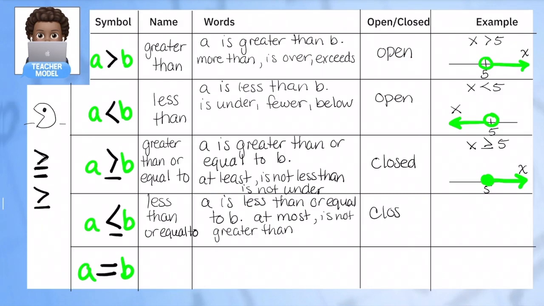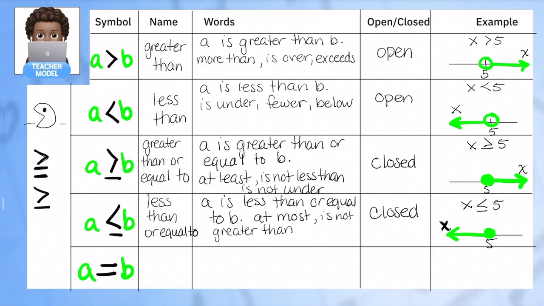It's also going to be closed. I'd have a number line, I have 5, and I want all the numbers that are less than 5. It's the left side. So I would make a circle at 5, and I would want every number to the left. So that means you can include 5. So at most is 5 and everything less than. That's what I like about using terms like at most, at least. You're going to see those all the time.